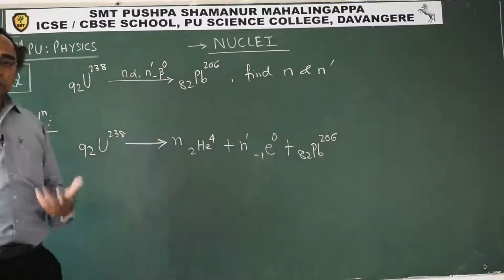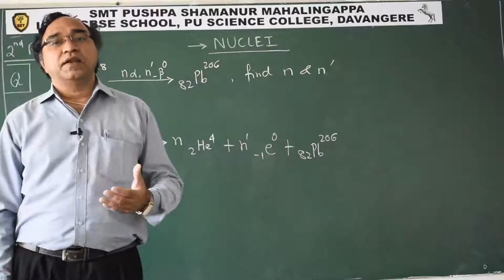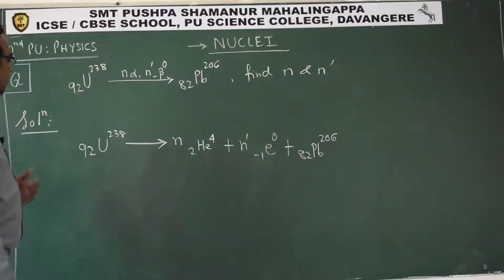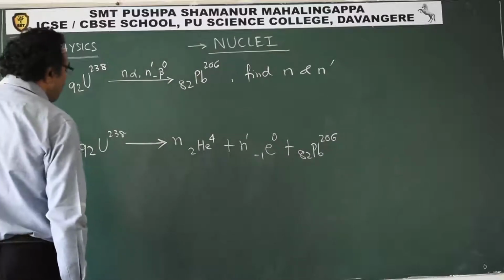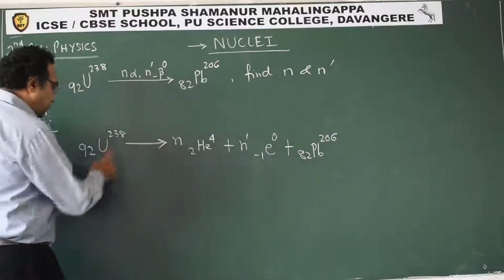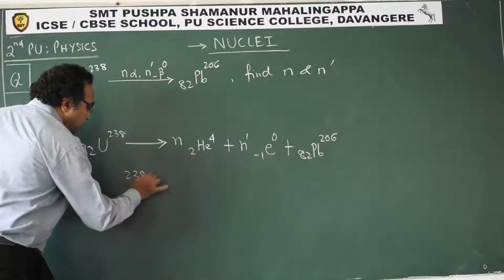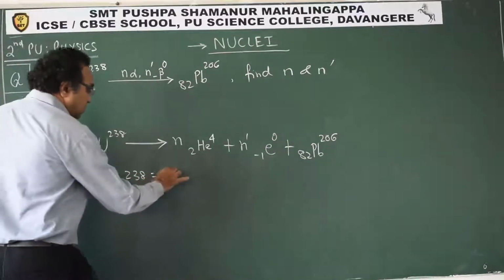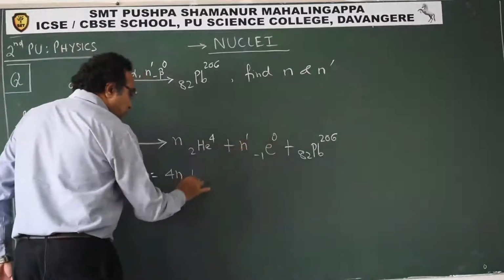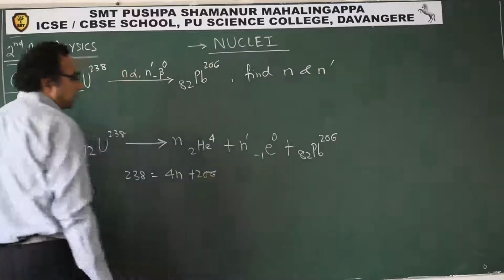So very simple, we know nuclear reactions are to be balanced by balancing the subscripts and the superscripts. So if I take first the superscripts, 238 is equal to 4n plus 0 plus 206.